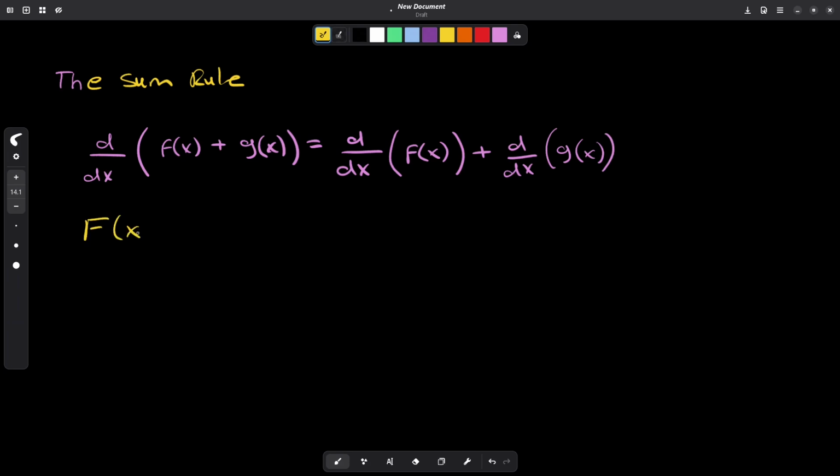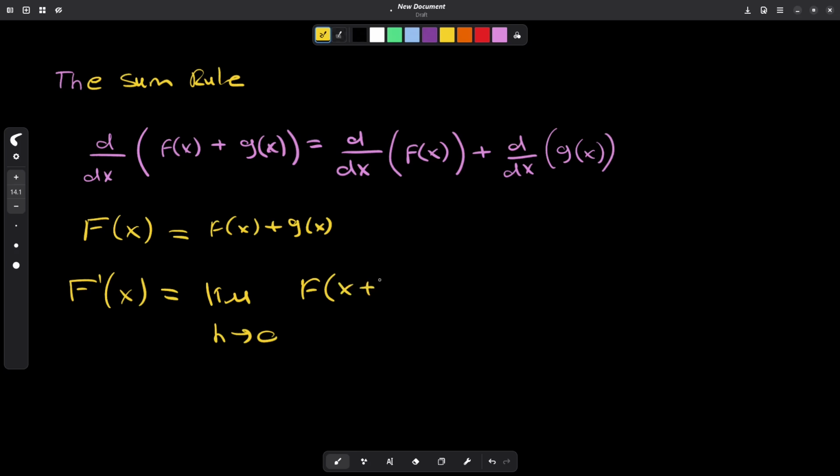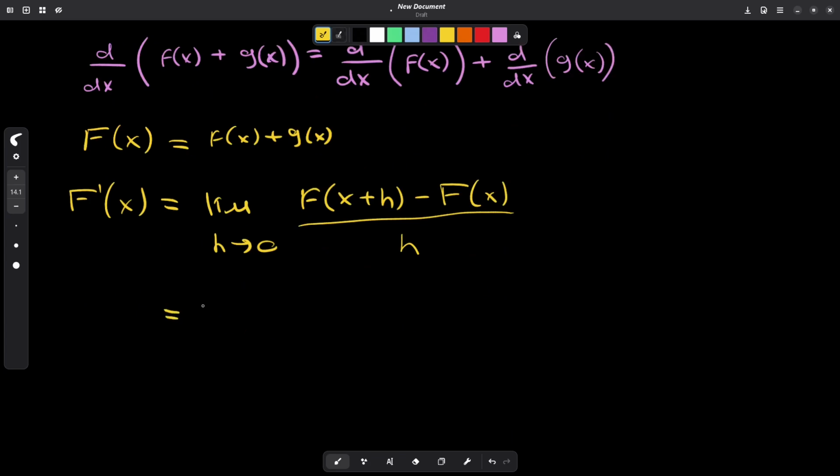Let's say our F(x) is equal to f(x) plus g(x). We want to evaluate the derivative. We want to differentiate this F(x), so this will give us F(x plus h) minus F(x) over h. From here, what is this equal to?